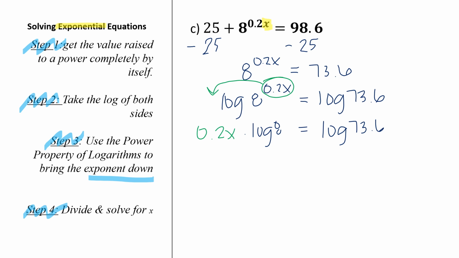So we're going to divide by, I guess if you wanted to, you could divide by 0.2 log of 8. Just once again, be really careful with how you're typing that into your calculator. That's the biggest issue or mistake that I tend to see with these types of problems, is not necessarily that you don't know how to do it, but that for whatever reason, you accidentally type it into your calculator wrong.